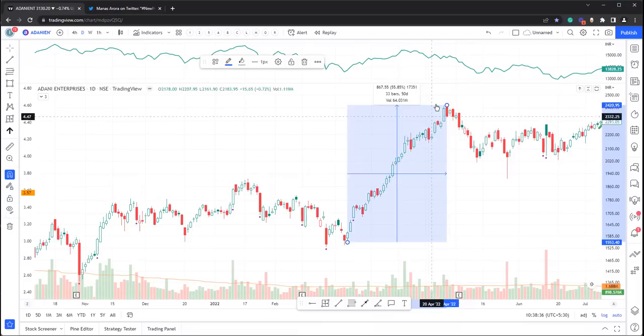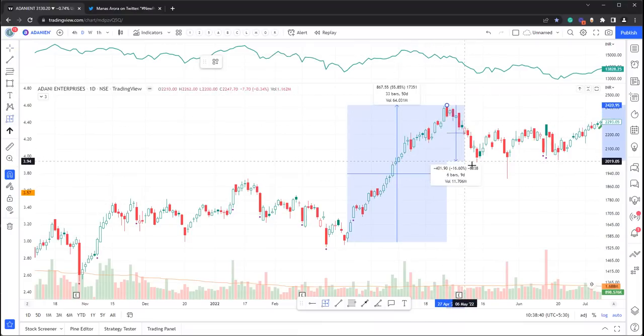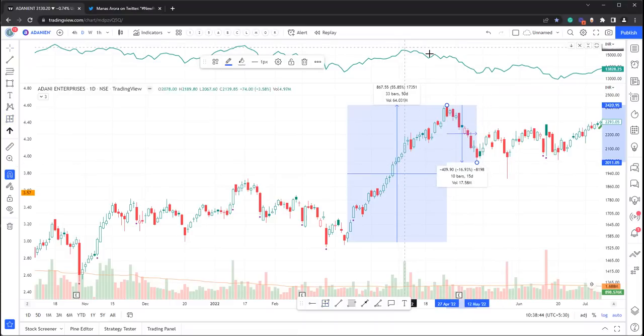When a stock goes up 55% and then corrects only some 16, 17% against the entire market, which is down way more, this is a very normal, natural tennis ball action kind of correction, where the stock is going through profit booking after this 55% rise.